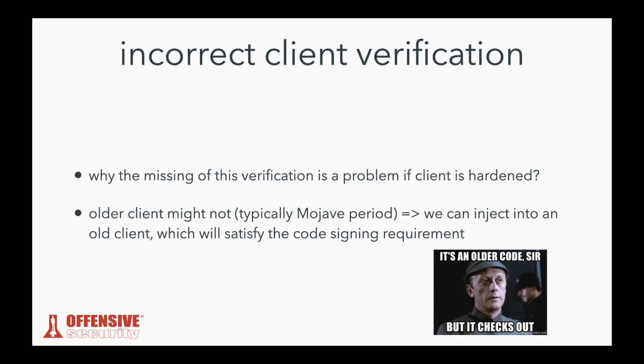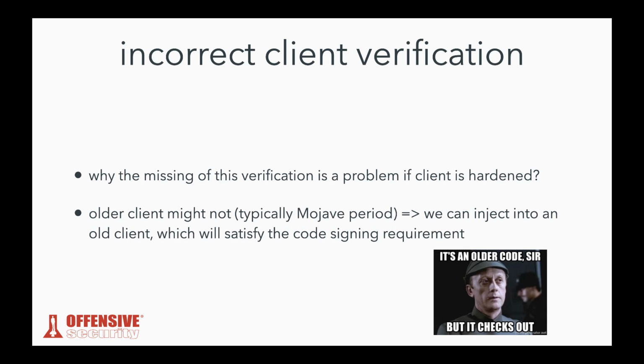But why is it a problem if we miss verifying that the client is hardened, if we know our client is hardened? Because if we take an older client, typically from the Mojave times, which wasn't long ago, like a year ago, hardened runtime really wasn't a thing then.